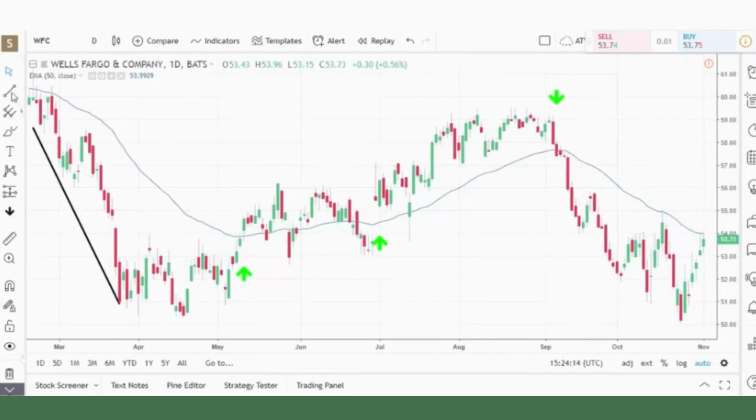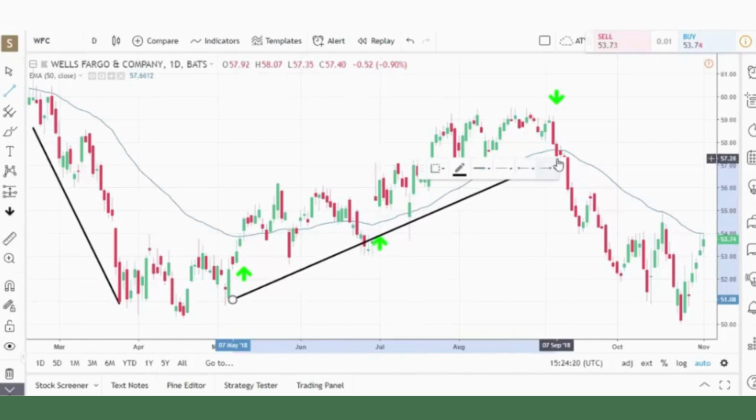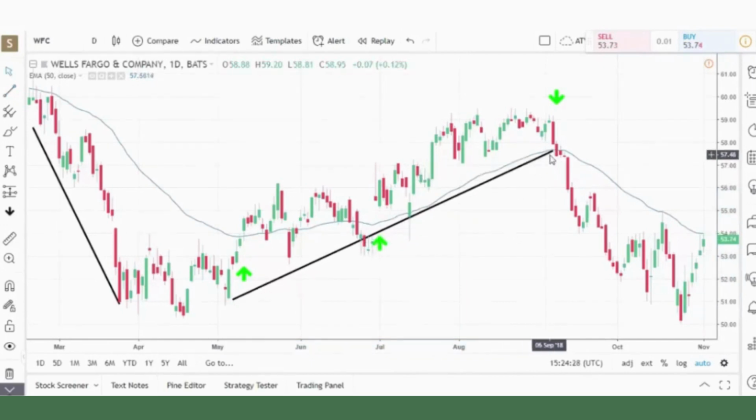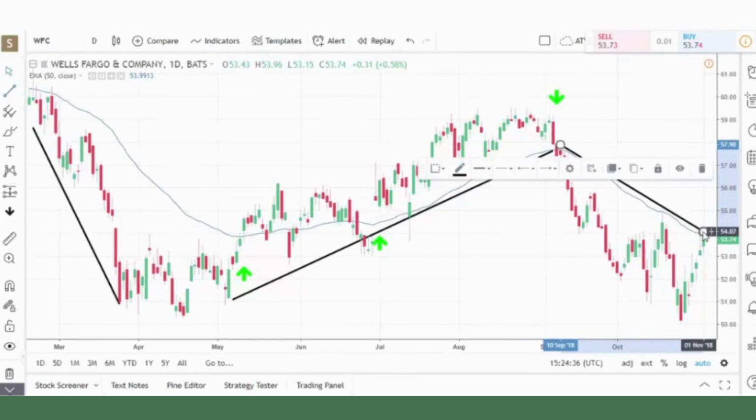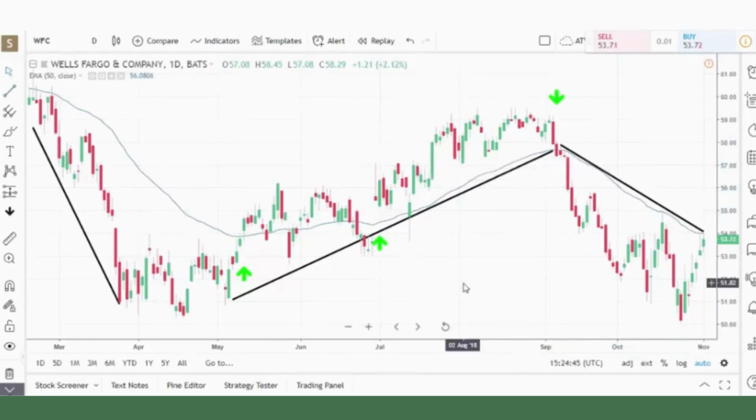So we can see in the uptrend, the stock is generally above the EMA, and then as the stock crosses to the downside, we get a downtrend in the stock. So that's how we would use a single EMA to give us a signal as to whether the stock is moving up or down.